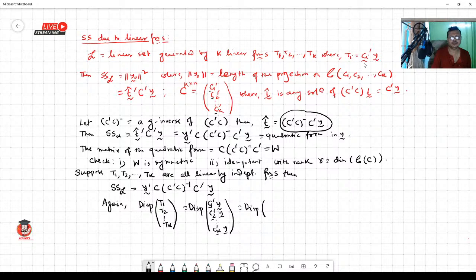That means C should be 1 cross n. So we write this as C prime y curl.